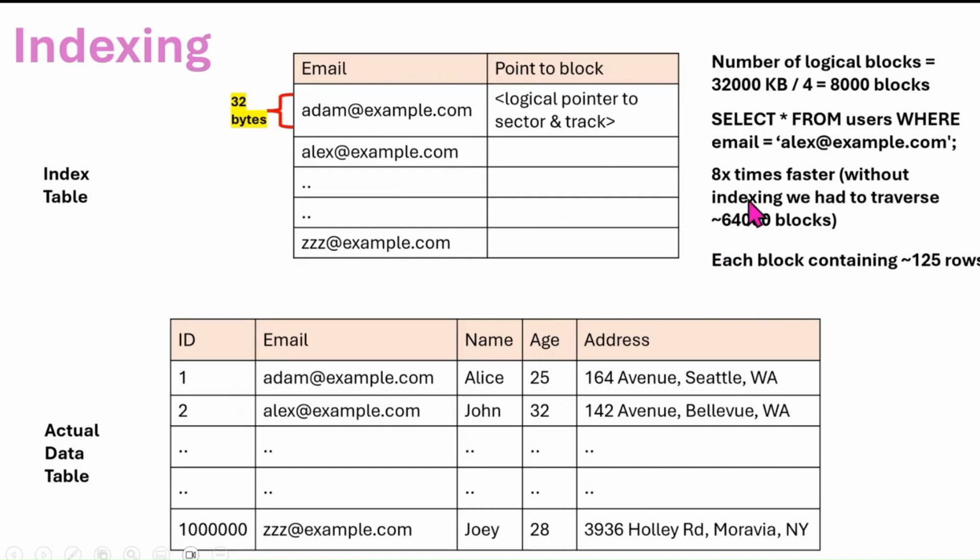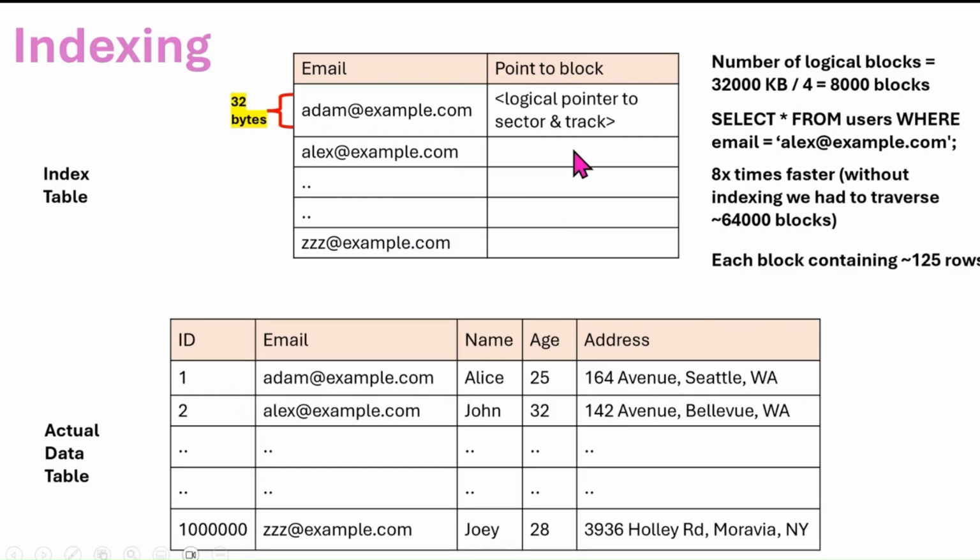Now we reduced our traversing from 64,000 blocks to approximately 8,000 blocks, but it is still not optimized, right? Because parsing the 8,000 blocks is still very expensive considering the disk IO. So how can we optimize further?